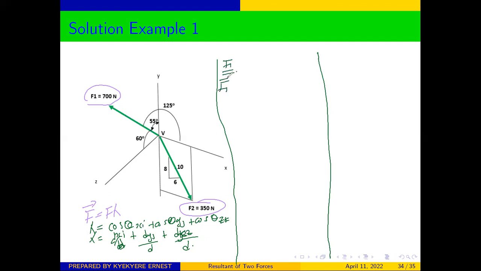So F1 in the vector form will be equal to F1 in the scalar times lambda. So let's determine lambda for F1. For lambda, we have been given the angles there.